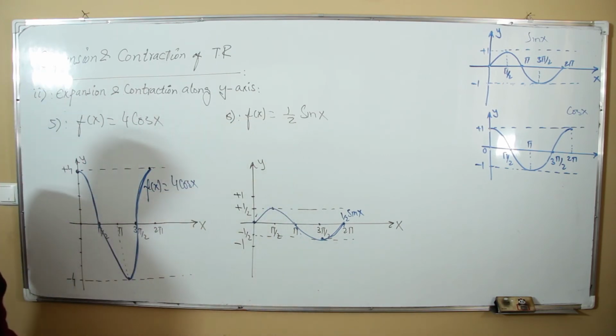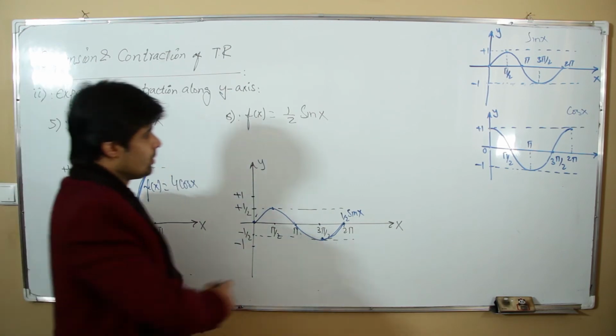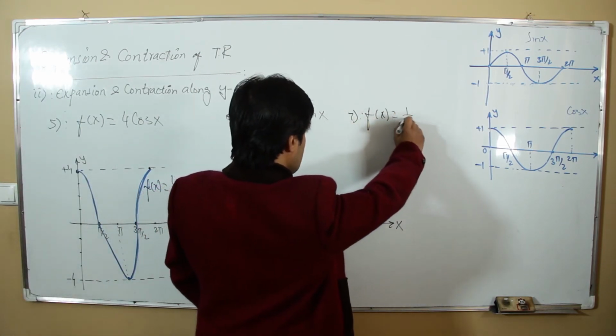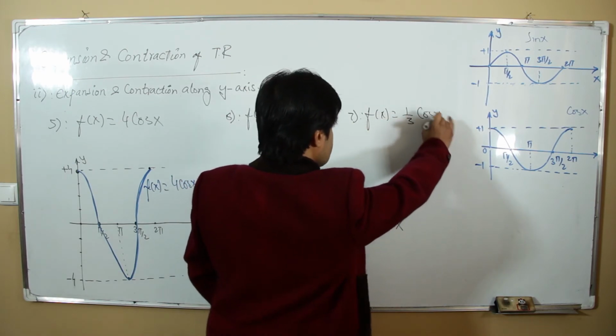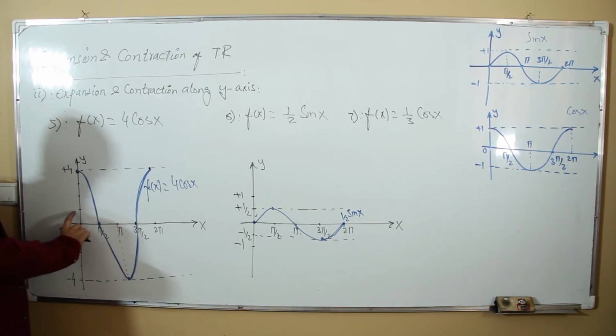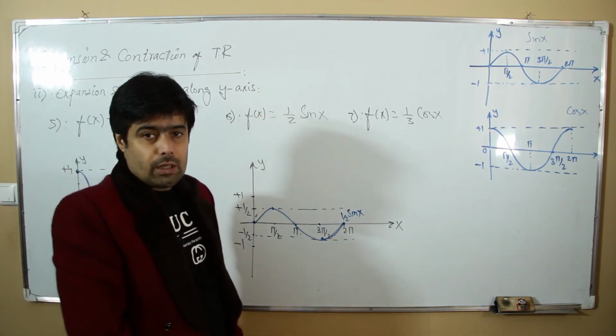Now, can you draw f(x) is equal to 1 by 3 cosine x? Yes. The same graph starts from 1 by 3 and negative 1 by 3.